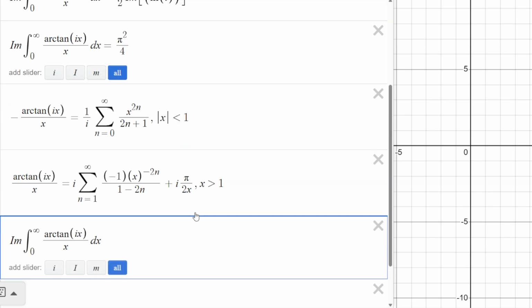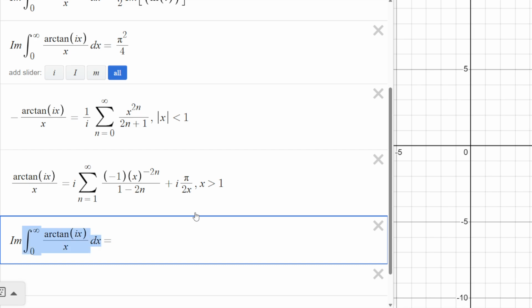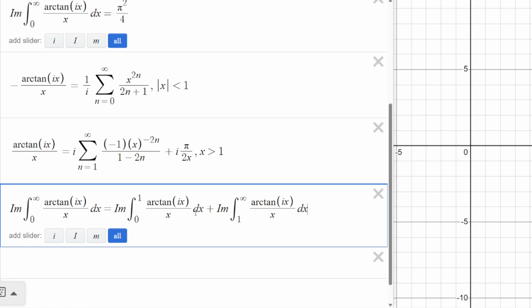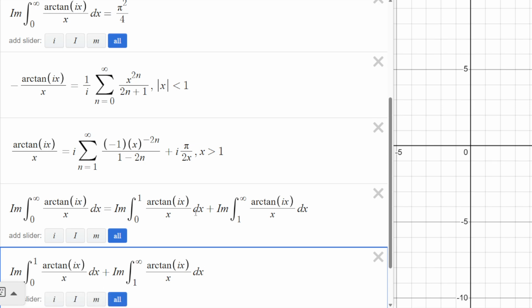So now let's rewrite this. The imaginary part of the integral of arctangent of ix over x from 0 to infinity will be equal to the imaginary part of two separate integrals, one going from 0 to 1, and one going from 1 to infinity. Let's paste that down there.